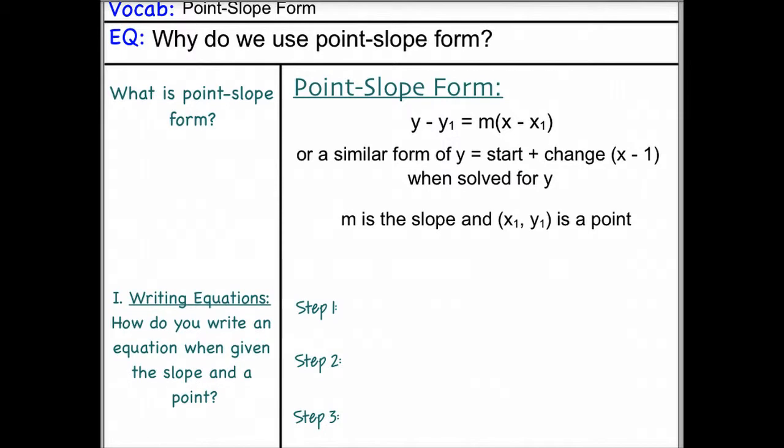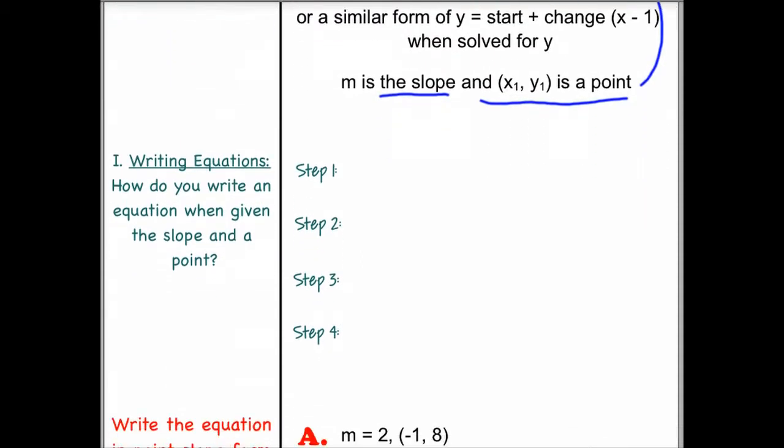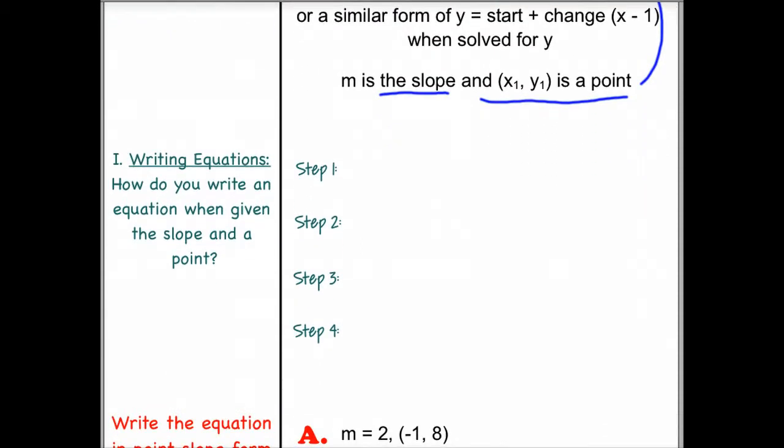So the reason why we would use this is because if we are given the slope and a point, then we can just plug it into here and figure out what our equation is.